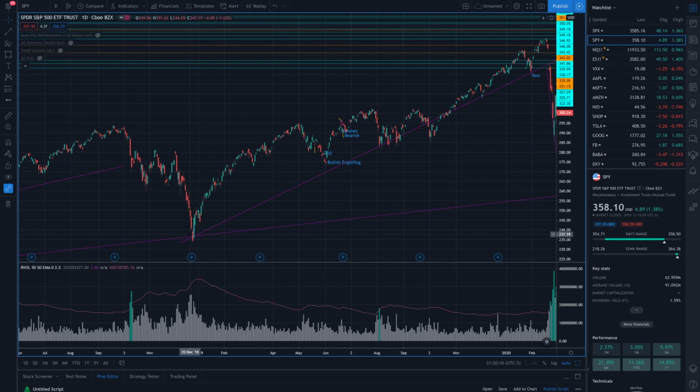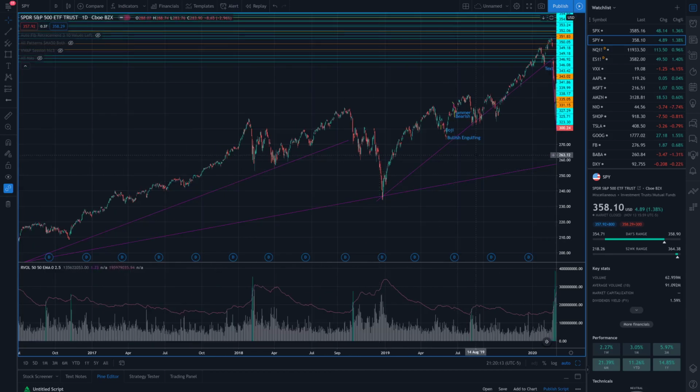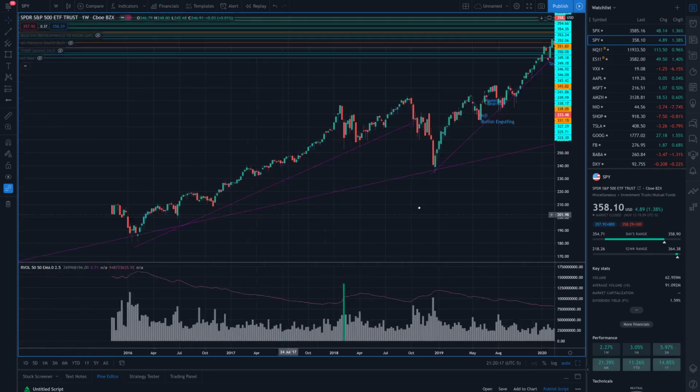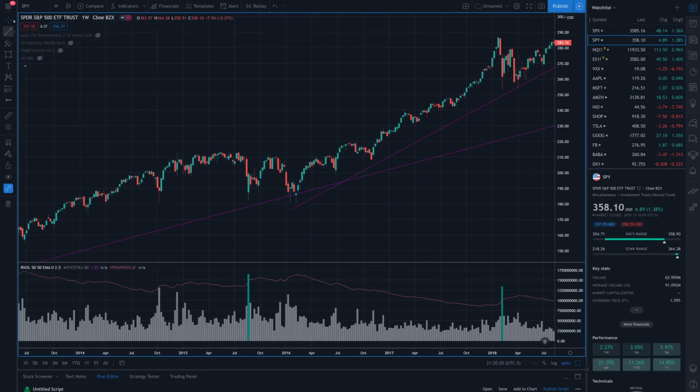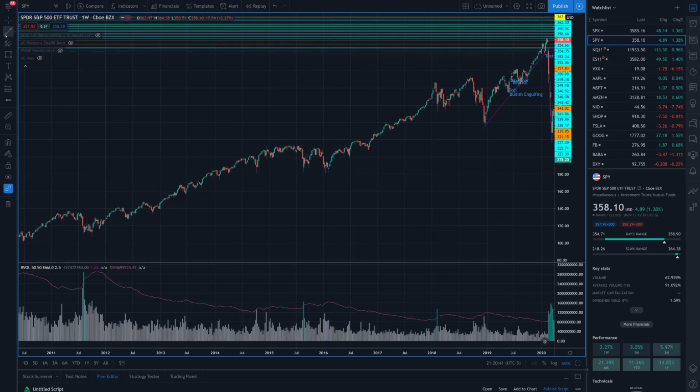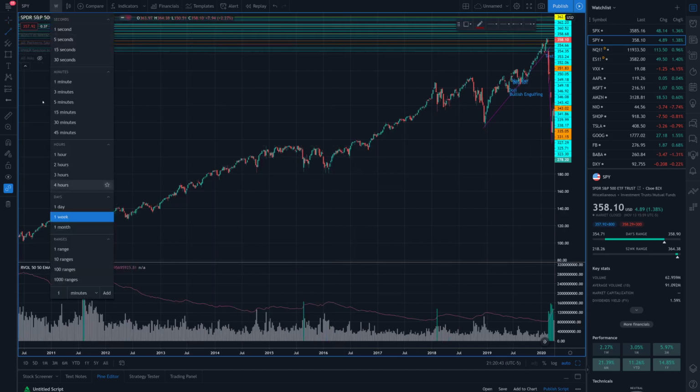What I mean by that is when you're going far back, let's say 5 years back on this chart, we don't really care about what happened within the 15 minutes or 5 minutes on one of these single days back in September of 2014, right? That doesn't really give us a lot of information when we're trying to look at the longer term trend. So from day to day, or at least on this chart, it's 1 week.